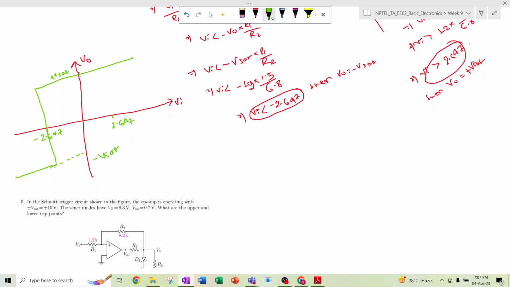Okay, so the direction will be in this direction. For the second case, what is happening, if Vi becomes greater than this, then it becomes plus VSAT. Earlier it was minus VSAT and then it will become plus VSAT if it is greater than this.